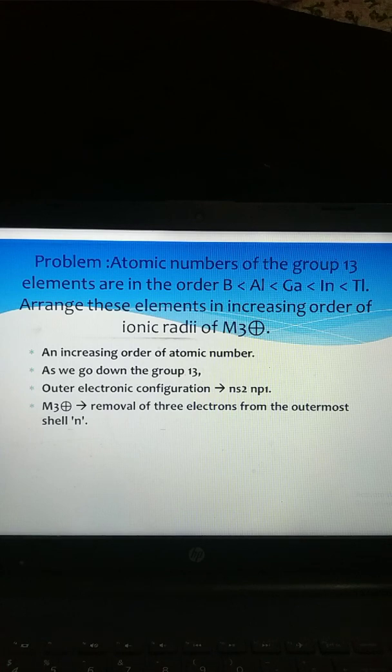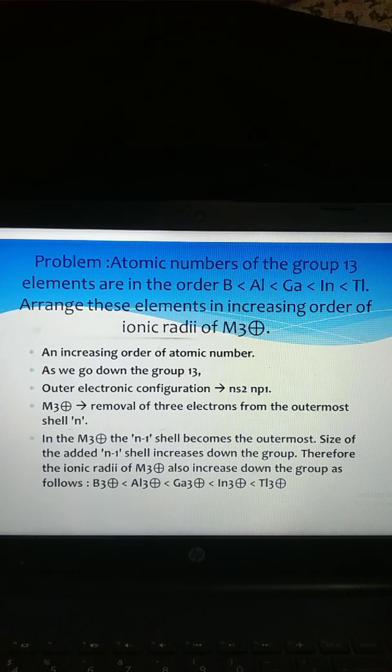Now M3+ means removal of 3 electrons from the outermost shell n. Since there are 3 electrons less, it has gained 3 positive charges, therefore it has M3+ as the sign. Now in M3+, the (n-1) shell becomes the outermost shell, and the size of the (n-1) shell increases down the group. It goes on increasing as you go down the group.